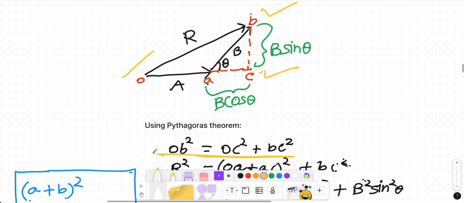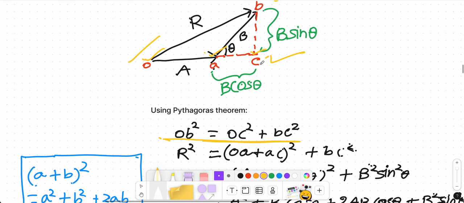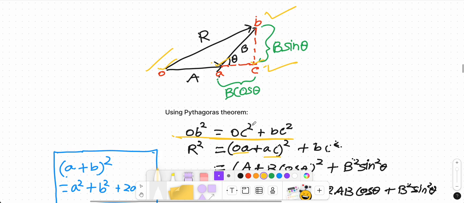Now OC is OA plus AC, and OB is the resultant. This OB is the resultant R. So in place of OB, I substitute R, and OC is OA plus AC.